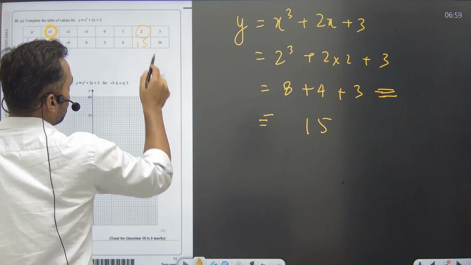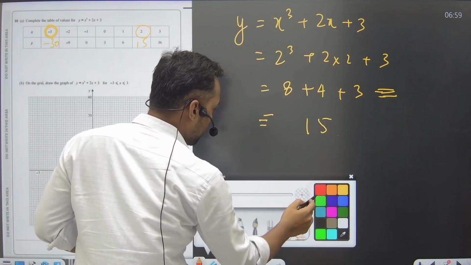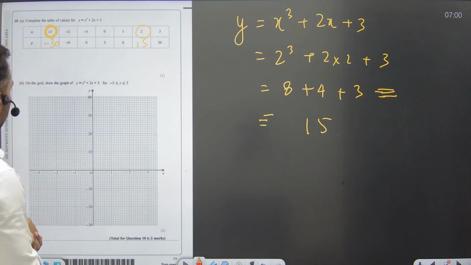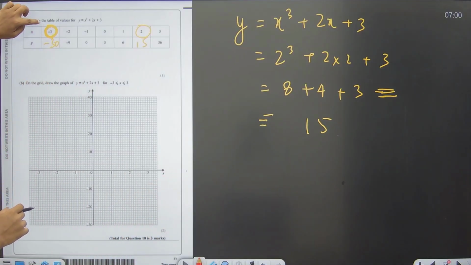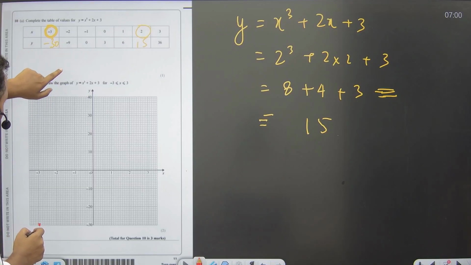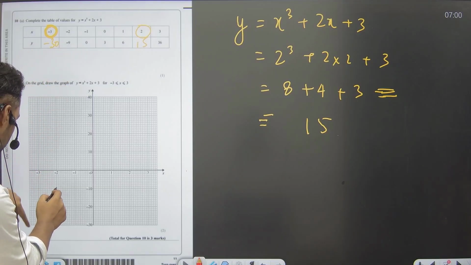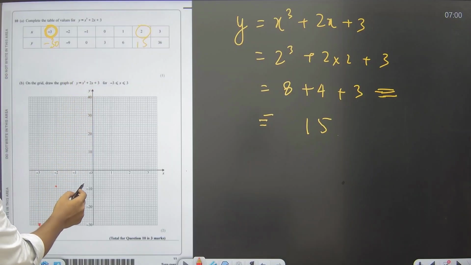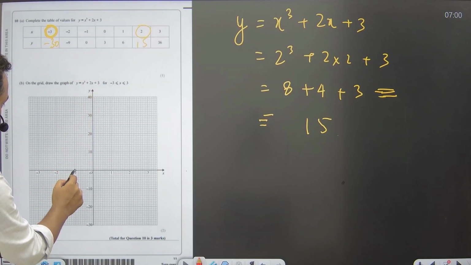Now we need to plot the graph as per the coordinates. The first point is x is minus 3 and y is minus 30, so somewhere here you will get this point. Second is minus 2 and minus 9, which will be here. Minus 1 and 0 means it will be here.